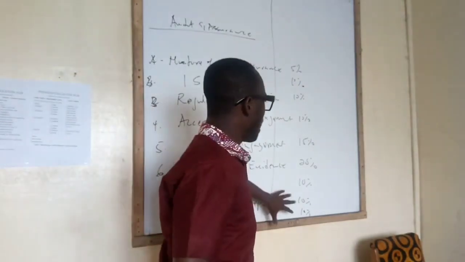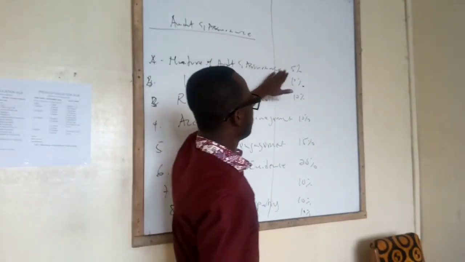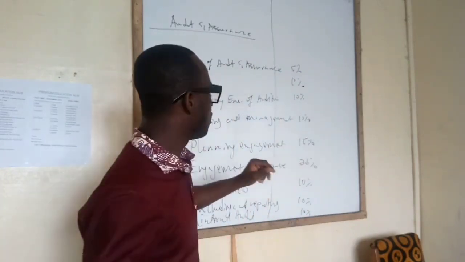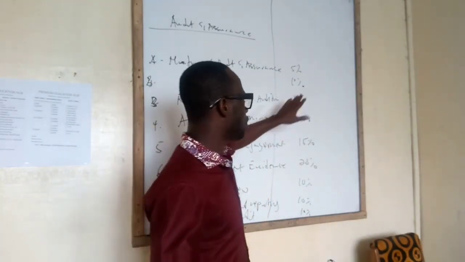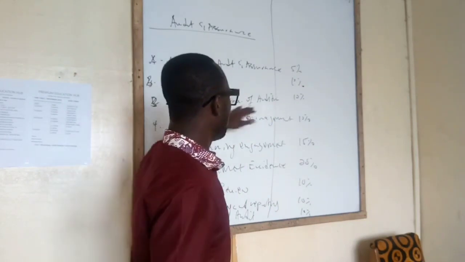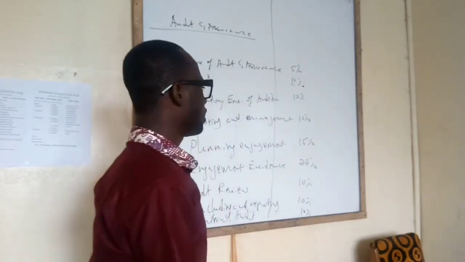So these are the things. So realize that the nature of audit and assurance is a minor area, just 5%. International standards on auditing, 10%. Regulatory environment of auditing, 10%.